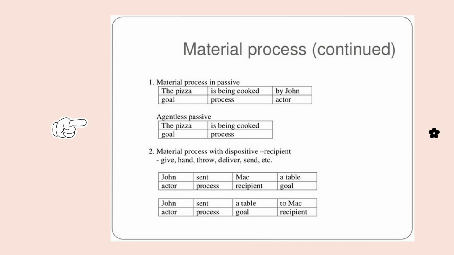And then the second example, John sent a table to Meg. John as actor, sent as process, a table as goal, to Meg as recipient. So although there is a change in the sentence, like active to passive, there is no change in the structure.